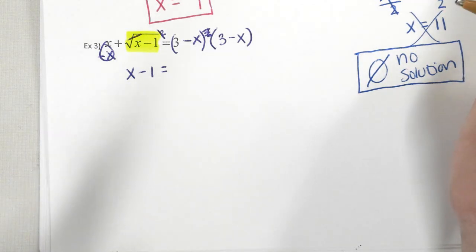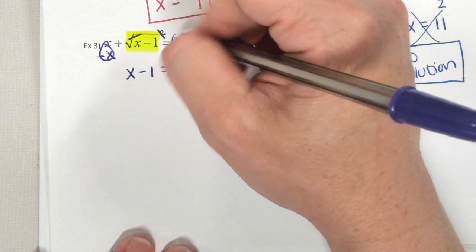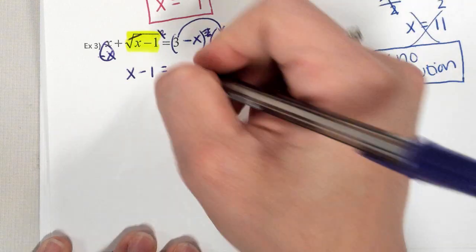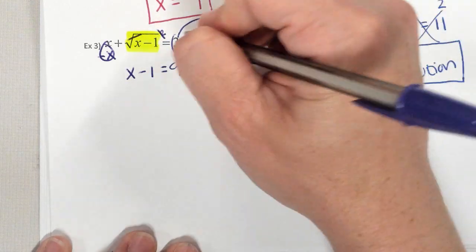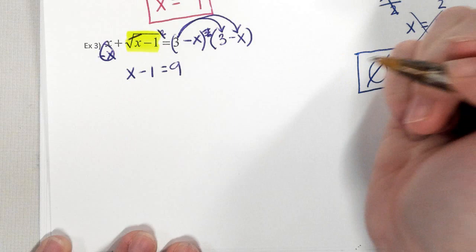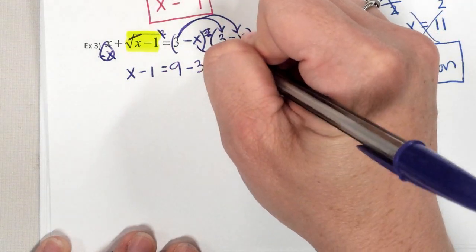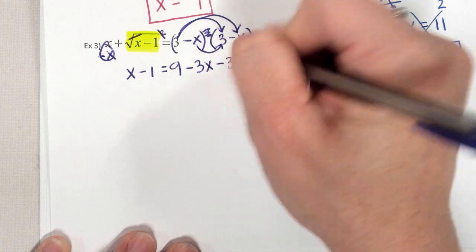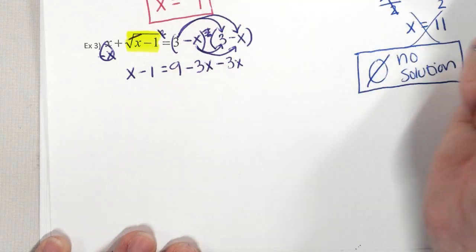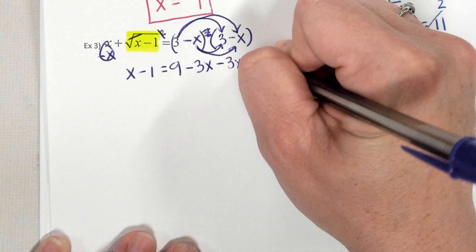Yes, and I have to double distribute because it's a binomial times a binomial. So 3 times 3 is 9. 3 times negative x is negative 3x. Negative x times 3, negative 3x. And then negative x times negative x, positive x squared.